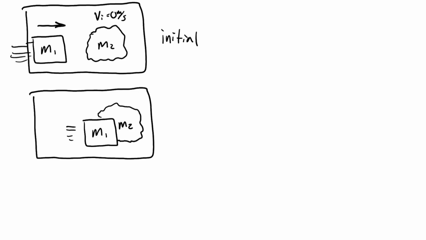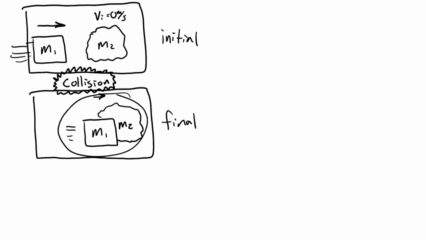Now it hits, and now it's going to slow down, isn't it? You could kind of visualize it in your head. So we don't draw the vector as big in our diagram. So this is the final situation. They move off together as one entity with the same velocity. So now, you could think this is V1I and V2I, but this is just the final velocity. They have the same velocity.